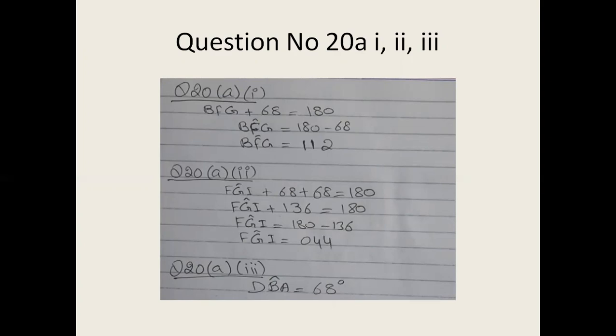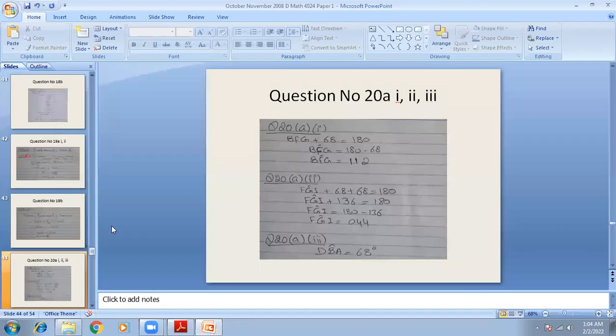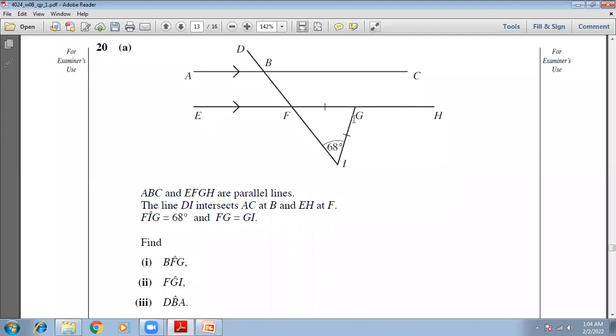So FGI is equal to 180 minus 136, and FGI will be equal to 44. FGI will be 44 degrees. So this angle will be 44. 68, and this is 44.